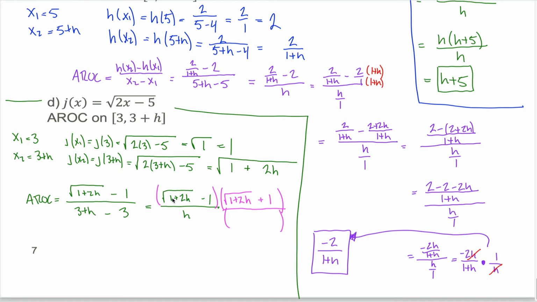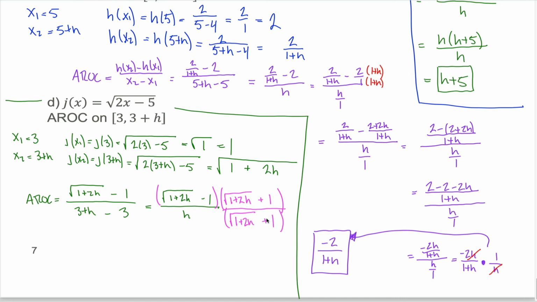Note that underneath the square root there was a plus. We don't change that to a minus. There's two terms, one that's underneath the square root and one that's not. The sign of the thing in between the two terms is what you change from negative to positive or positive to negative. If I'm going to multiply the top by the square root of 1 plus 2h plus 1, in order to not change the value of the expression, I have to multiply the bottom by that exact same thing.